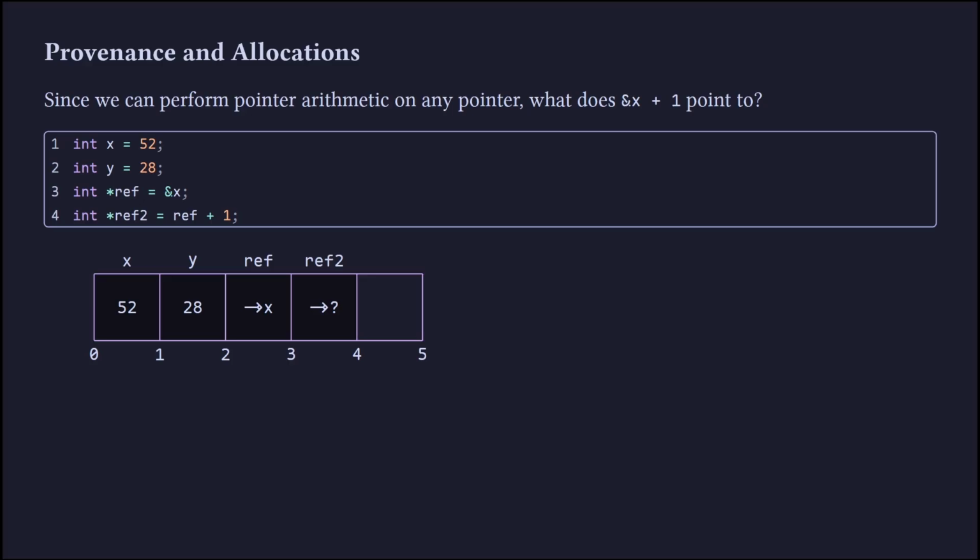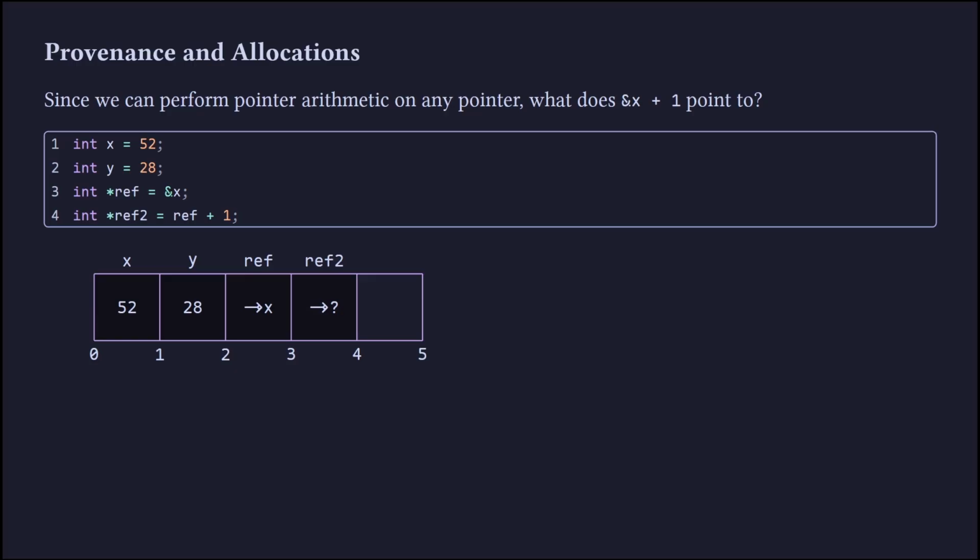Here's an interesting question. What does x plus 1 point to? In this case, ref is just a pointer to X, a single cell in memory. If we add 1 to this, well, we're adding size of int, so we're shifting things over in the address space.